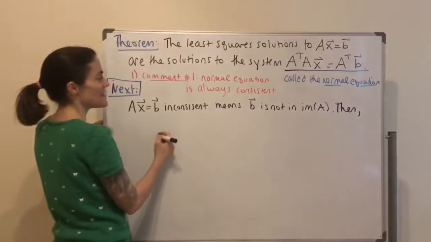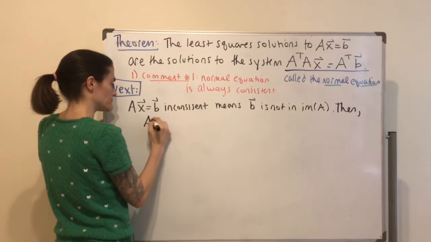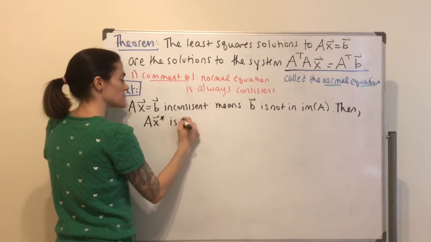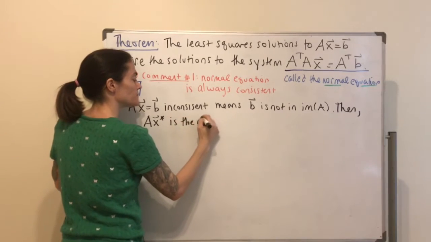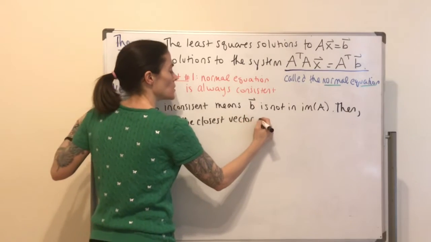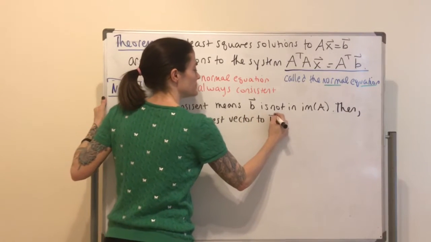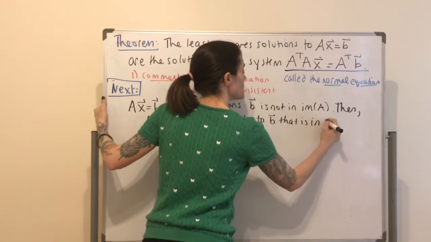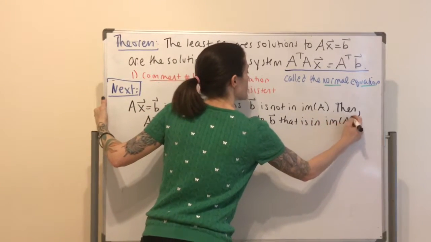Then this is the closest vector to b that is in the image of A.